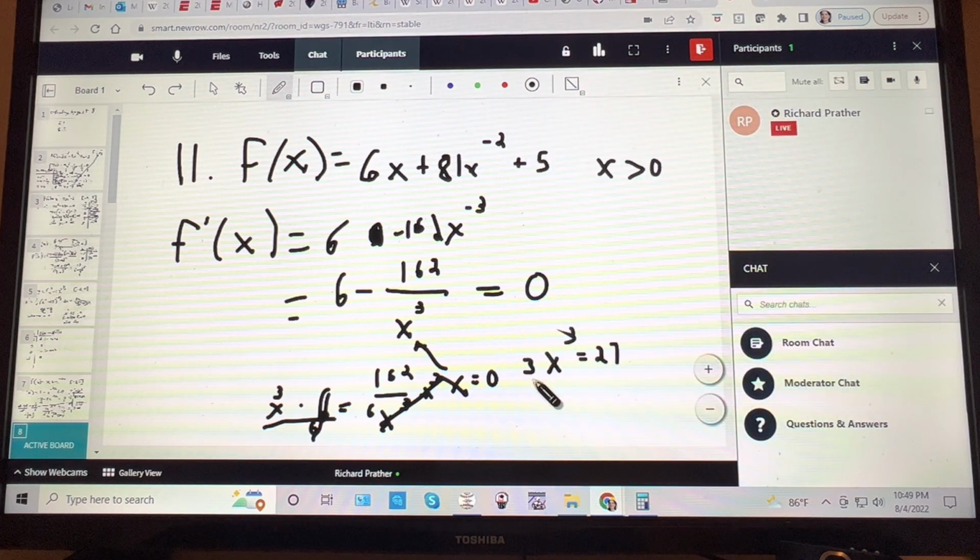So the cube root of that is 3. 3 is the only number that makes the derivative 0. And the only number that made it undefined didn't matter because it makes the original undefined. So I have one and only one critical value, critical number.